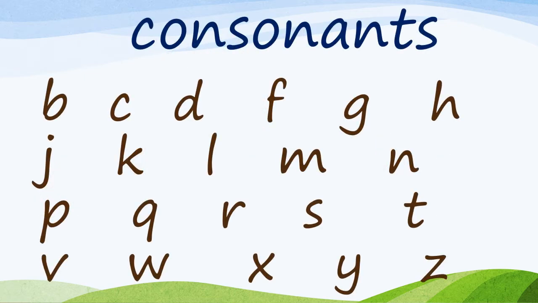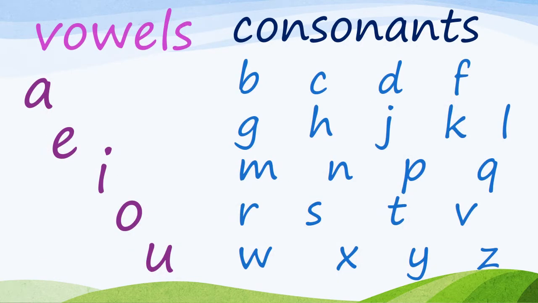The rest of the letters are called consonants. They are the letters B, C, D, F, G, H, J, K, L, M, N, P, Q, R, S, T, V, W, X, Y and Z. Now you will remember which are vowels from the English alphabet.